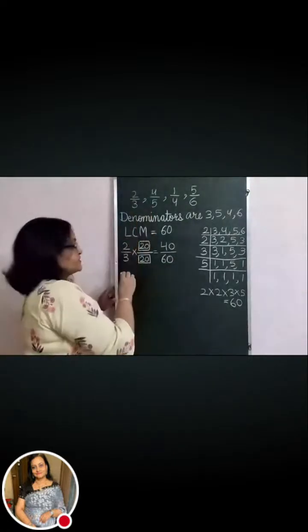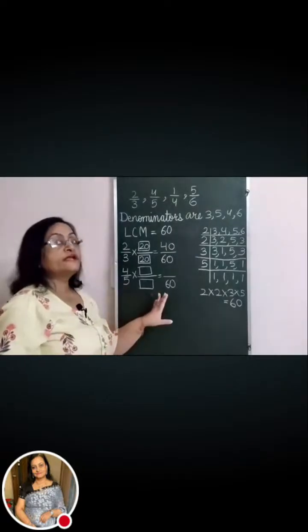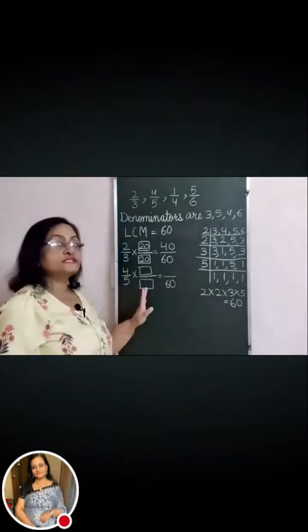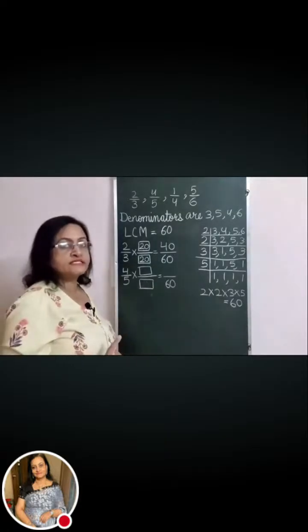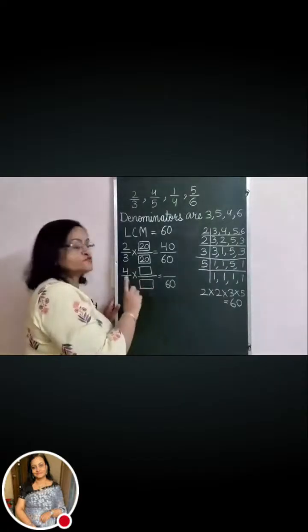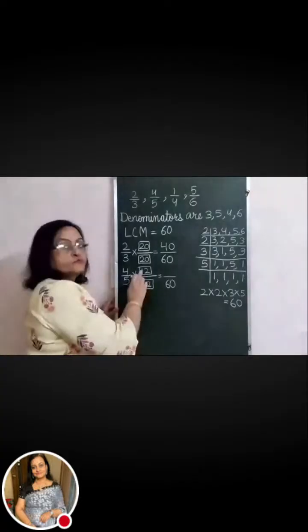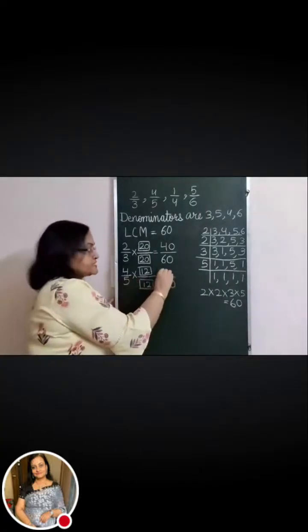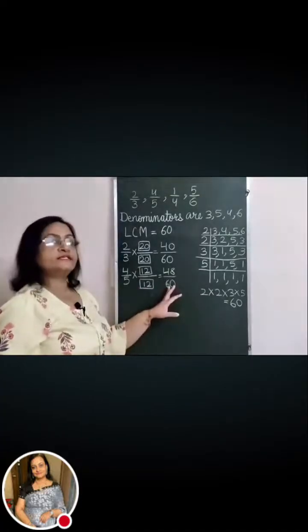Next we will take 4 by 5. Now by which number 5 should be multiplied that we get 60 in result? 5 को किस number से हम multiply करें कि हमें result में 60 मिले? 12 5s are 60. So we will multiply 5 by 12. And that means numerator will also be multiplied by 12. So 12 4s are 48, which means 4 by 5 is equivalent to 48 by 60.